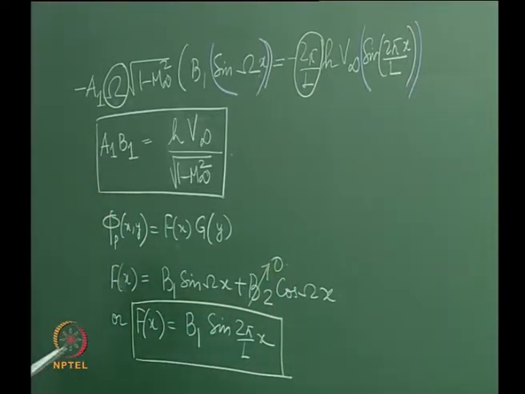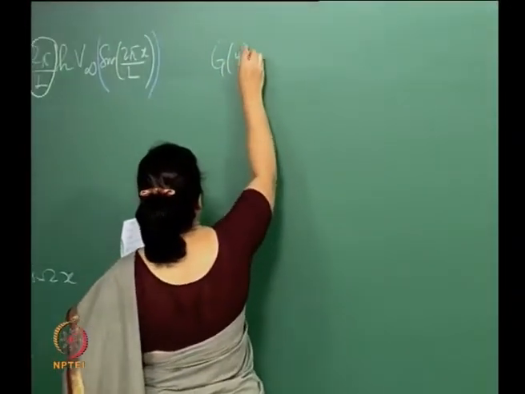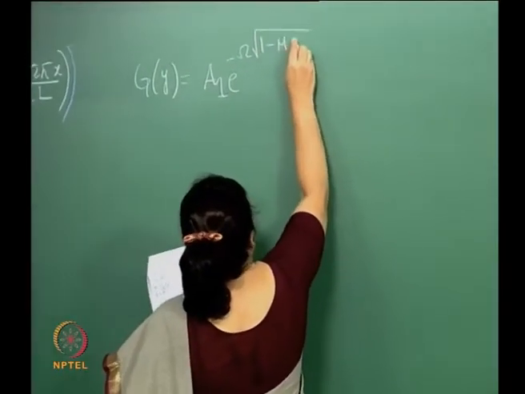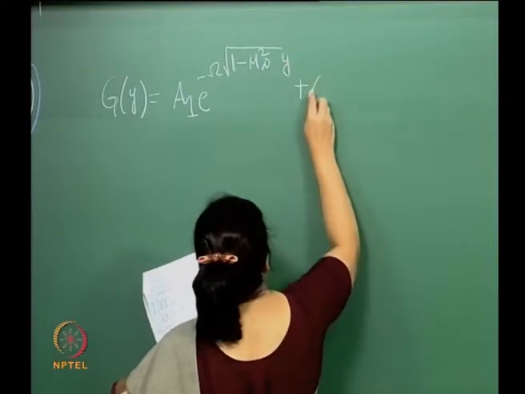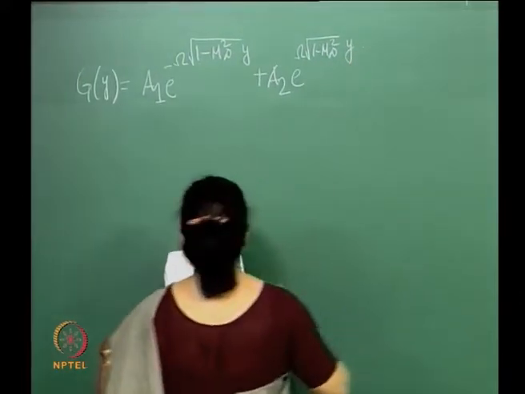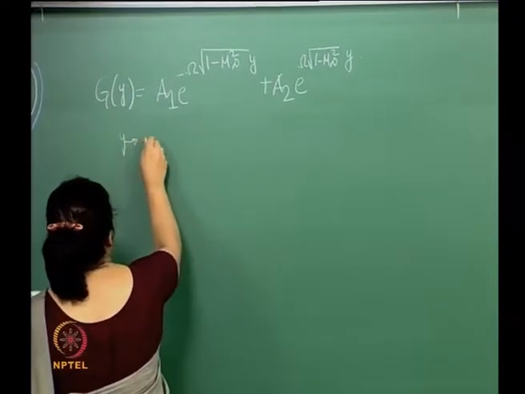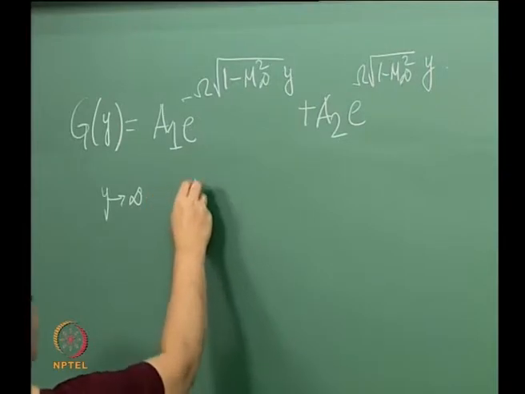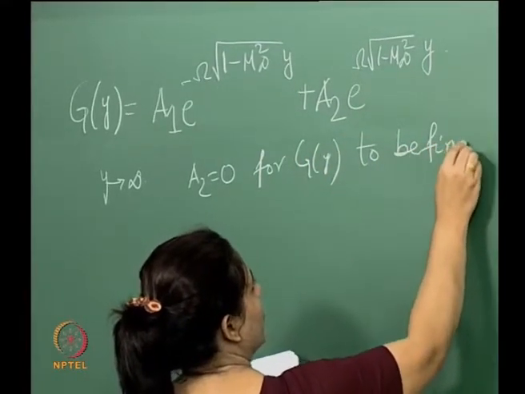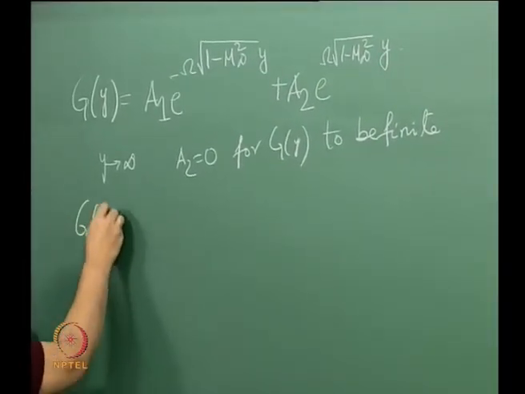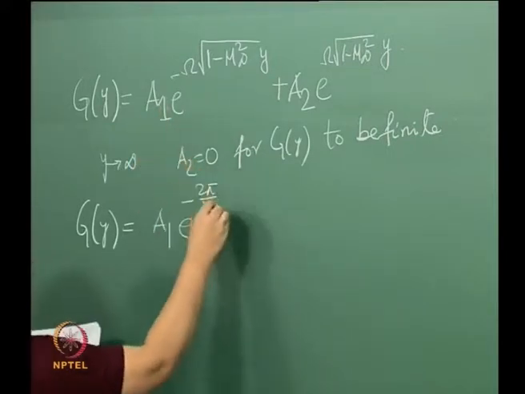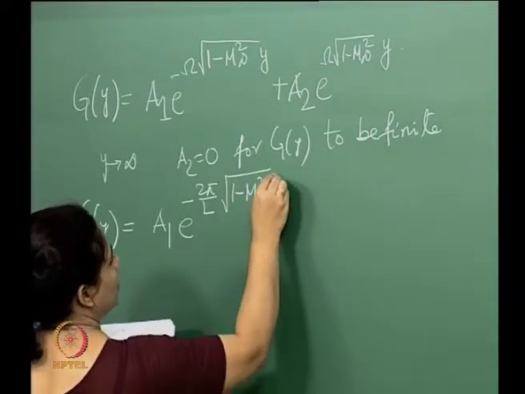So again let's go here. gy was given by this, and we also said that because at y tends to infinity, for this to remain finite, this was the condition that we used, so that gy therefore becomes 2 pi by L again, to 1 minus y.